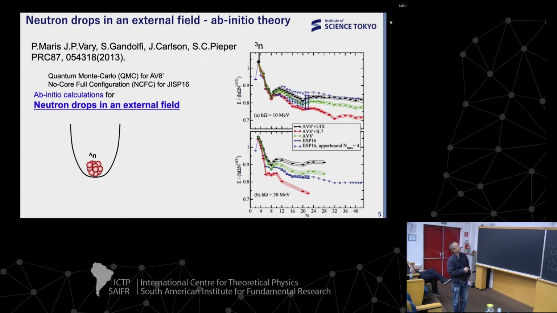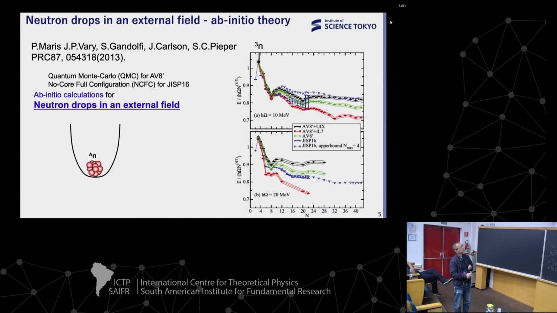They use quantum Monte Carlo, QMC, using AV18 prime interactions, and also the no-core shell model using JISP16 interactions. So what they did is that they calculated the energy or mass of neutron droplets in an external field. The external field is prepared by a harmonic oscillator.